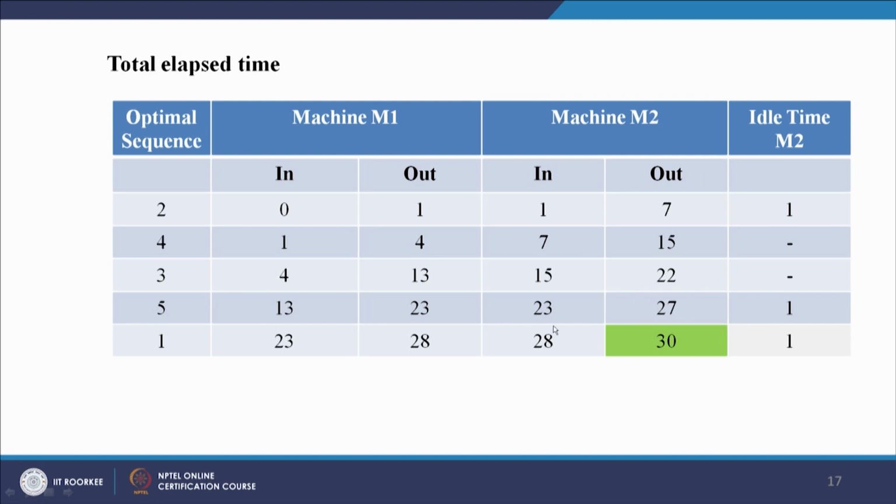Similarly, for job number 5 machine 2 will be idle for 1 hour, and for job 1 it will be idle for 1, and the total elapsed time is 30 hours. So 5 different jobs, going through 2 machines, we have been able to sequence with the help of a standard procedure so that the total elapsed time is minimized.